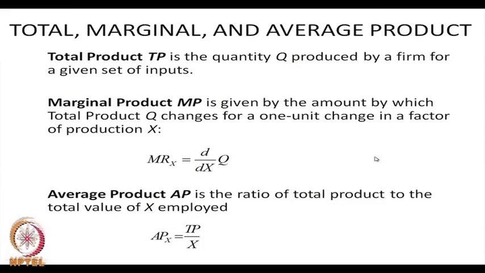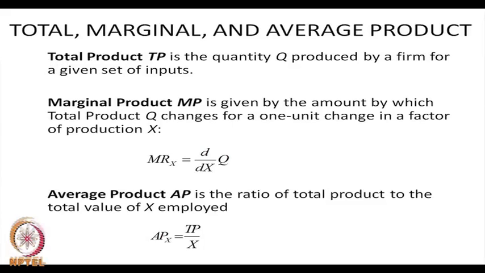MPx is equal to dQ/dx, the amount by which the total product Q changes for a 1 unit change in a factor of production x. So, if it is for another factor of production y, then we write MPy equals dQ/dy.